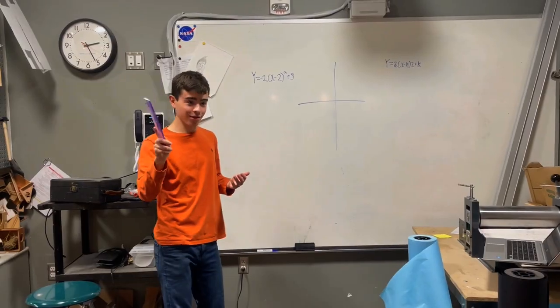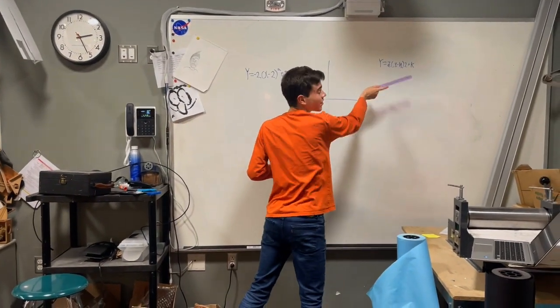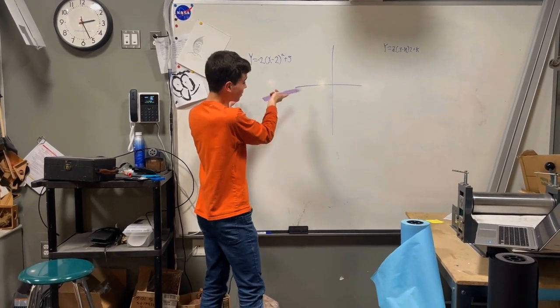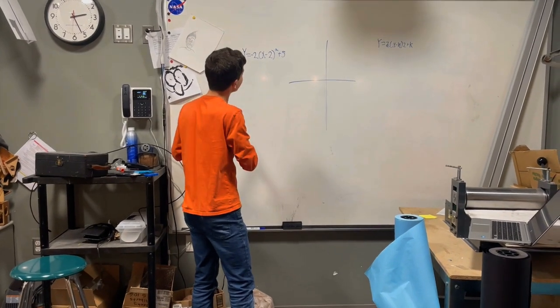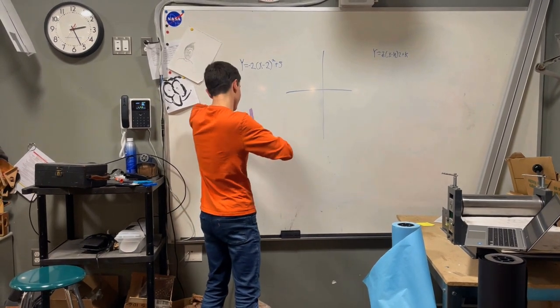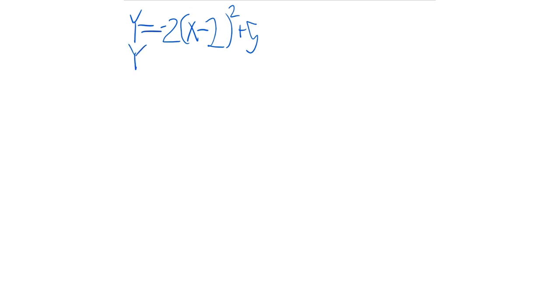Now we'll be showing you how to graph in vertex form. This right here is the vertex formula, and this is an example which we will use for this segment. Now, first things first, we need to find the vertex, and that can easily be found by putting this under this. So I'm going to do that real quick.